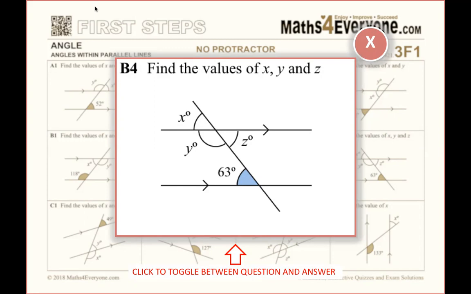Anyone did not get that? So how do you get Y equals 117? Michelle, would you like to explain to Sureka how you got Y equals 117?